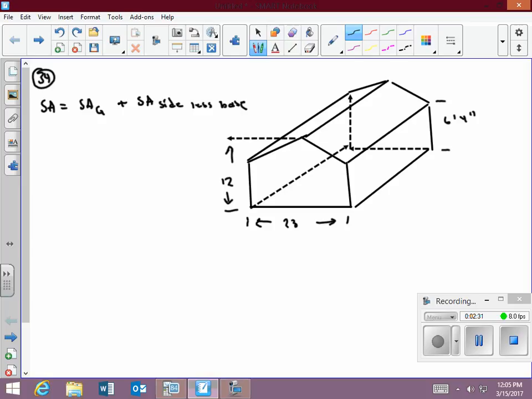And then this is 96. So what we're going to have to do is figure the ends of that.